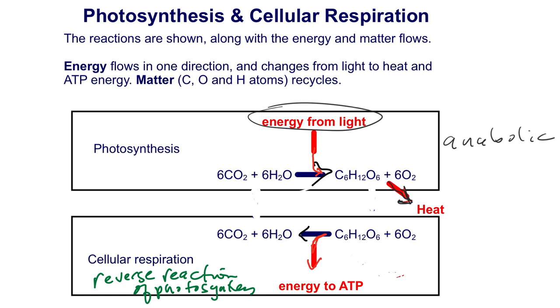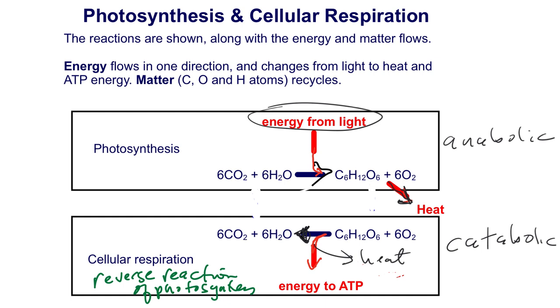And then in respiration, which is the reverse of photosynthesis, that's catabolic. We got the sugar being broken down, and that releases energy. Some of that energy goes to ATP, and some is lost as heat because of the second law of thermodynamics.